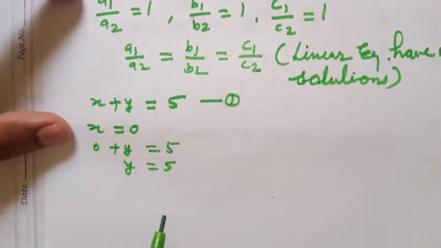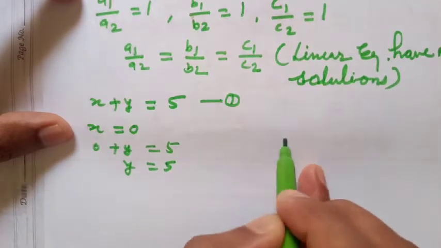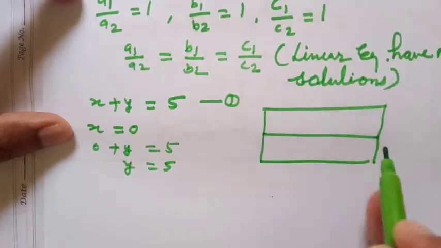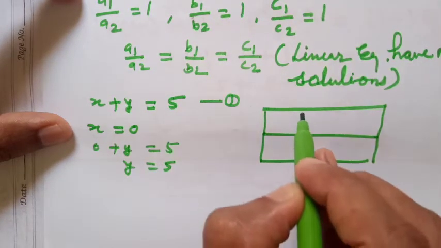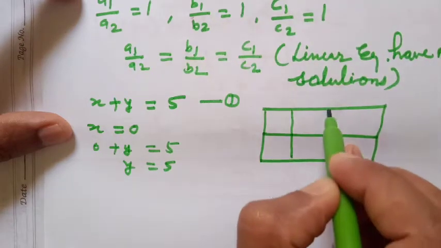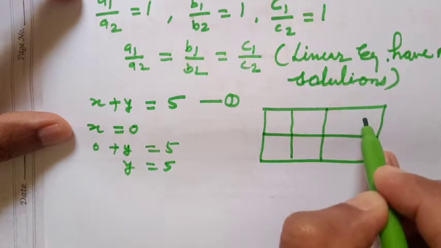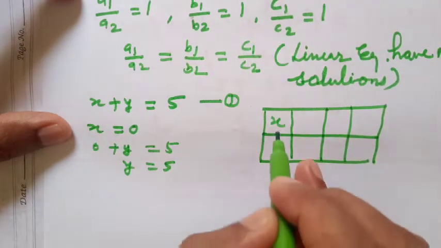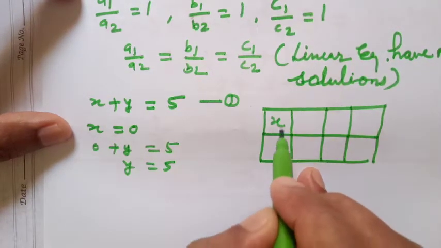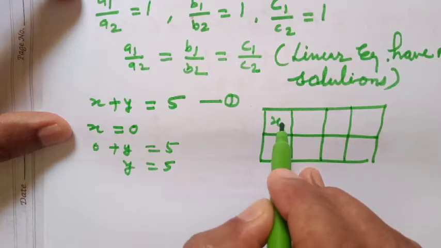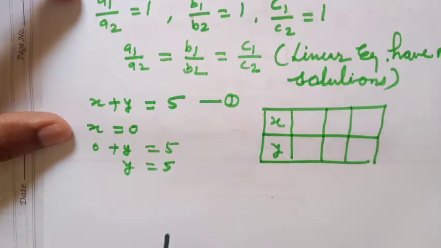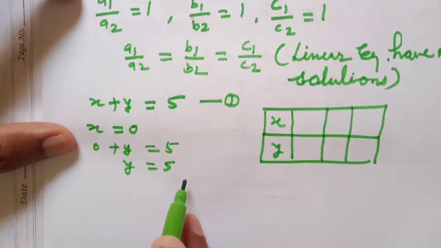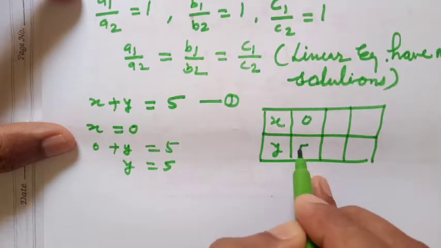You should make a table like that. At the top you write the values of x, and for the corresponding values of x we write the coordinates of y. If x is equal to 0, y is equal to 5.